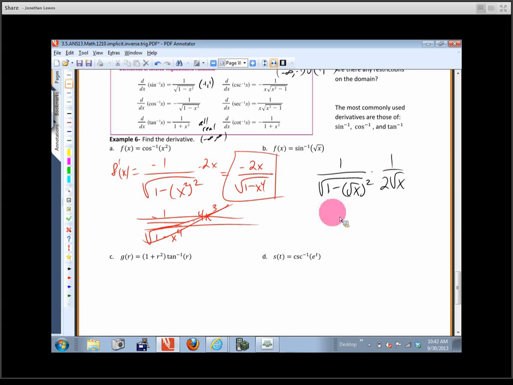Okay. So what I'd have here is 2 square root x, square root 1 minus x, right? I suppose I could slide that underneath there and write it this way. Might be advantageous to have it written like that. Any questions?